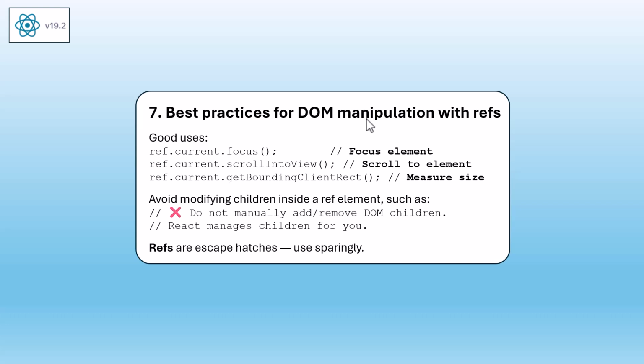Use refs when you must reach outside that model, for example to set focus, scroll to a position, measure dimensions, or integrate with external APIs that require a DOM node. Avoid using refs to do destructive manipulations, such as removing or inserting children of nodes managed by the library, because doing so can interfere with the library's rendering logic and lead to bugs or inconsistencies.